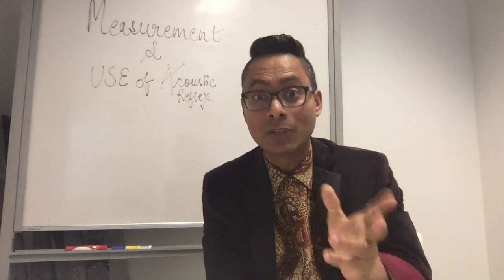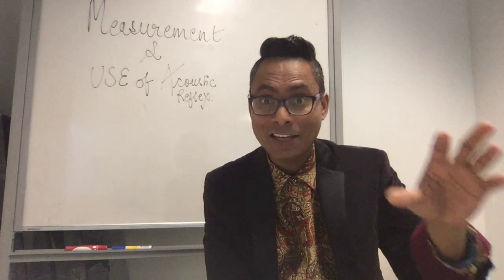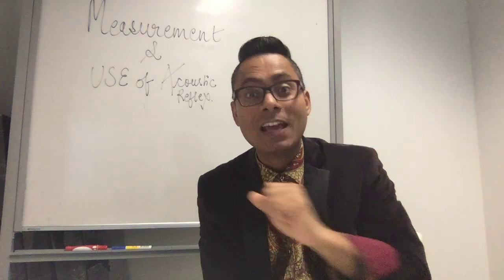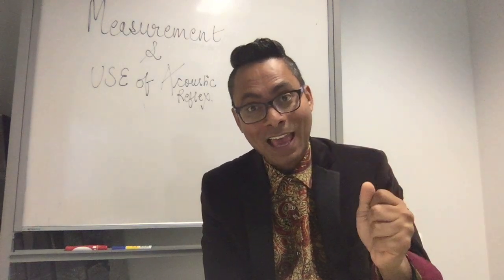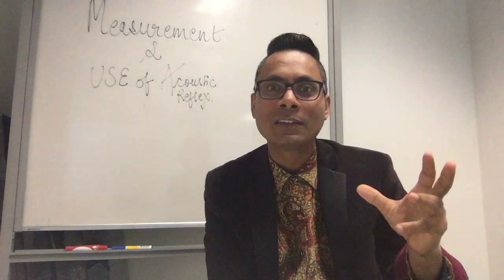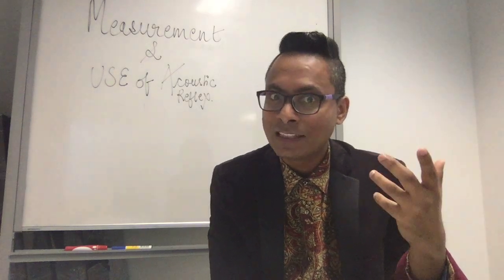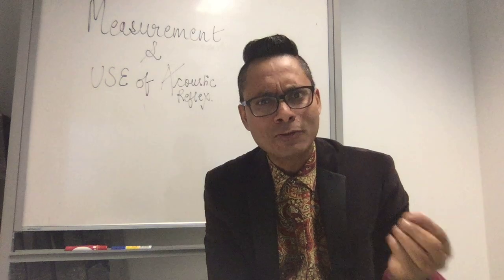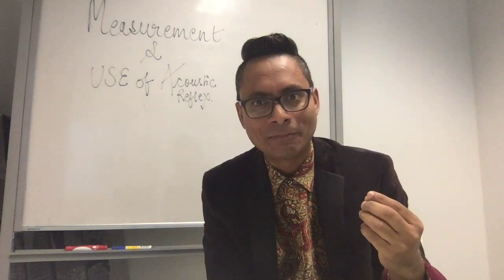All right, so that's the task for all of you. You have to divide yourself into 3 groups. Okay, Group A, Group B, Group C. Group A will be looking at the very first question which I raised, something to do with the way we sound and why we have acoustic reflex in the first place.